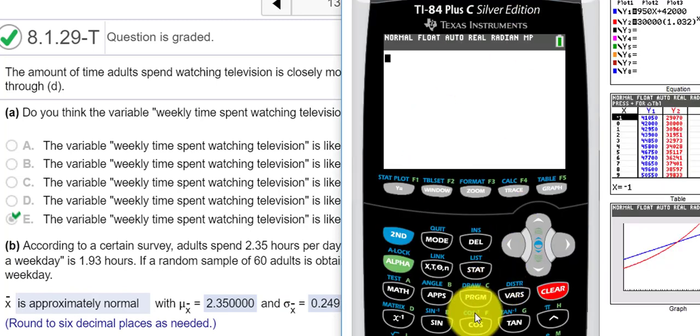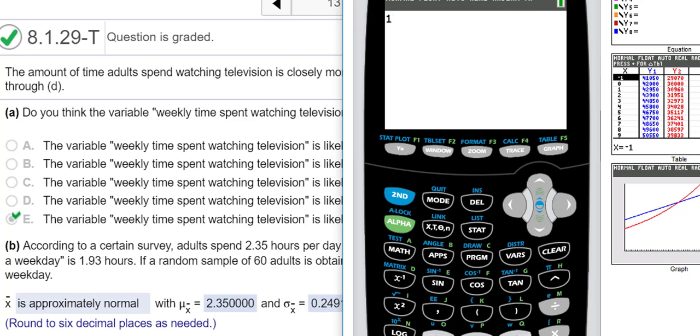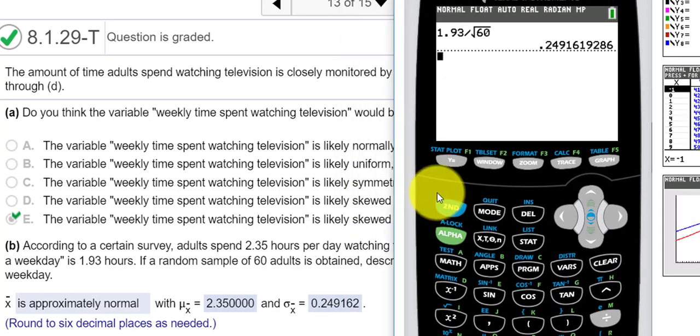So we have 1.93 divided by the square root of n, and n was 60 adults. I press enter. And this is what we're going to use for our standard deviation or the standard error, 0.249.